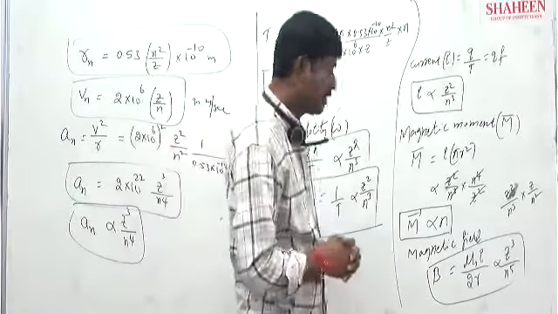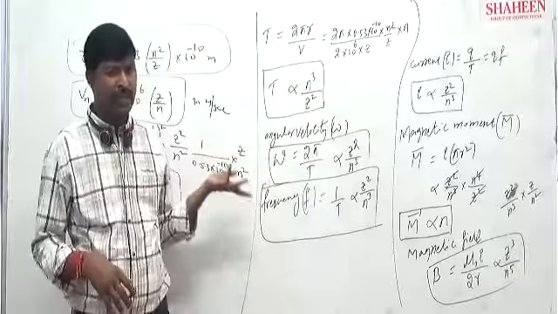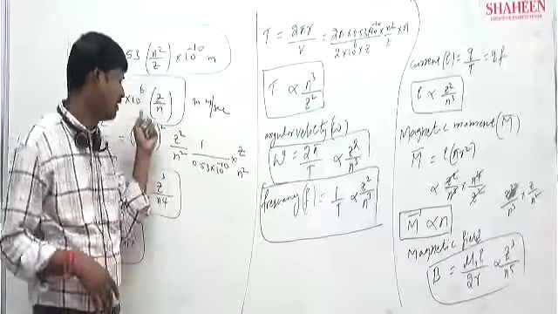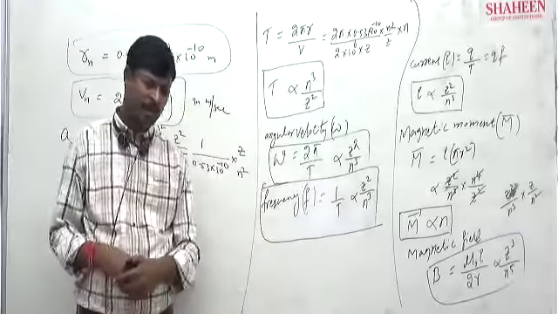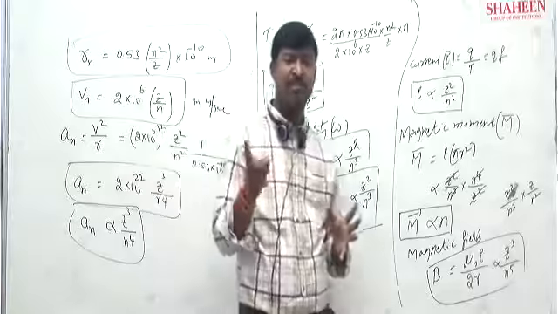Clear? Then after that, we calculated the radius of nth orbit, velocity in nth orbit, acceleration in nth orbit, etc. These proportionalities. Then energy in nth orbit also we discussed.